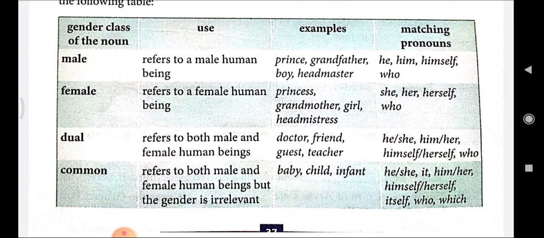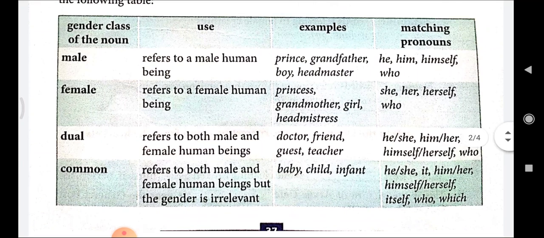The next comes dual, which refers to both male and female human beings. For example, doctor, friend, guest, teacher, etc. The dual class of noun represents some kind of work, some kind of things which are done by both, which are referred to both humans, that is male and female category.